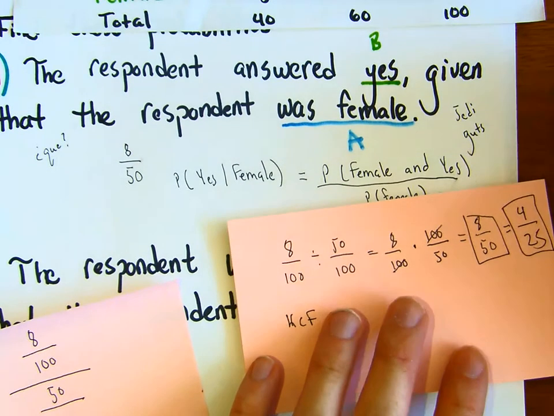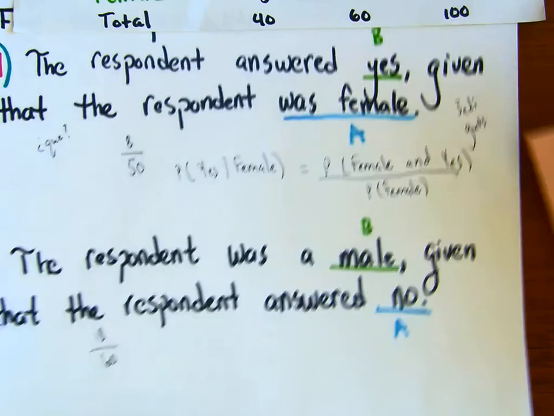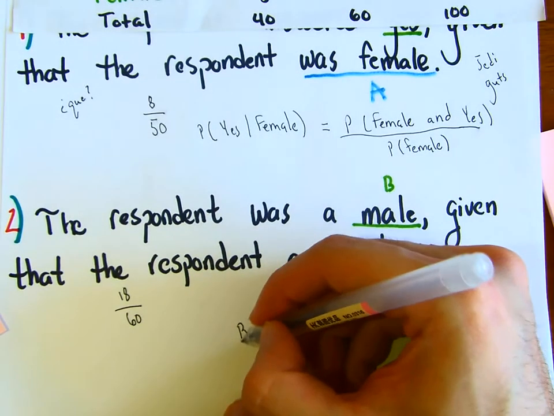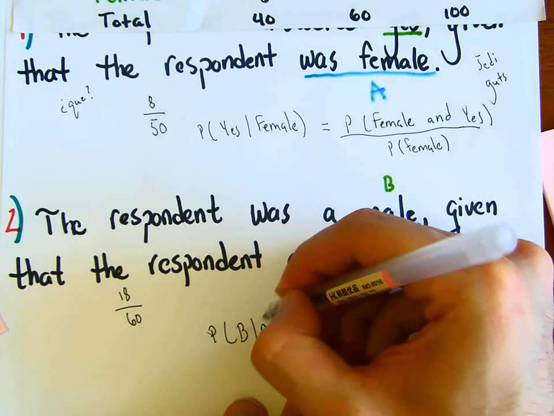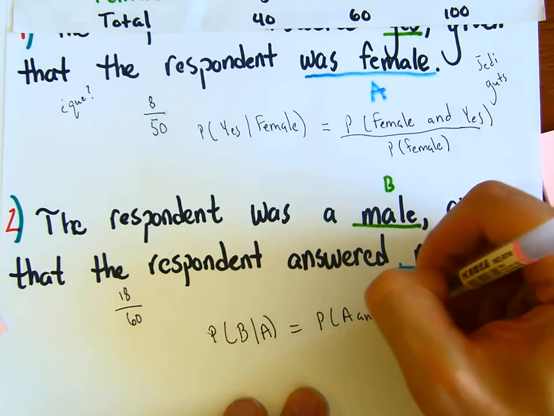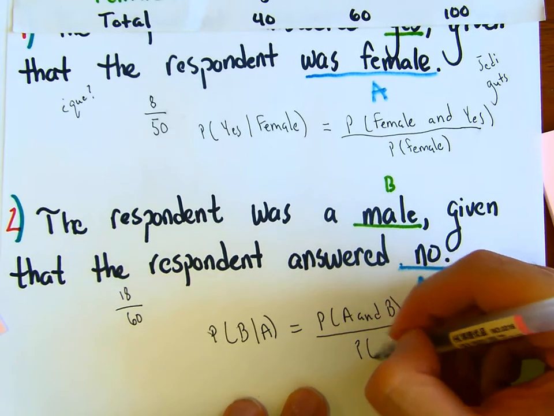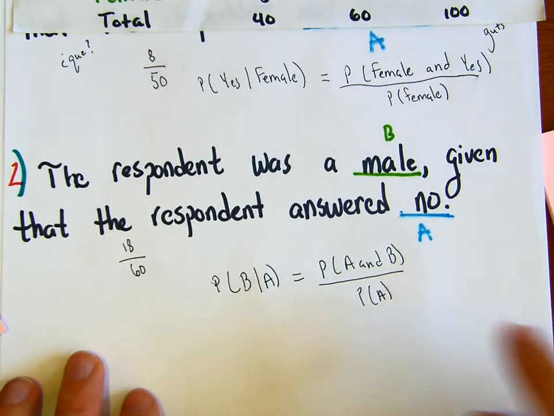Try and do the next question on your own using the setup of probability of B given that A has already occurred. It's equal to the probability of A and B over the probability of A. Okay? And notice we should get 18 over 60 when we actually do this.